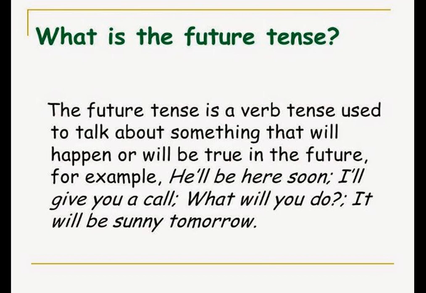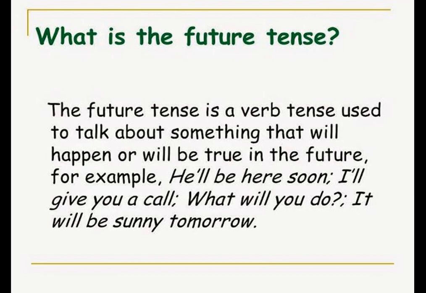For example, it is given in the definition also: He will be here soon means he will come. That means he has not come yet, he will come. And next: I will give you a call means he will give the call. He has not given the call yet.